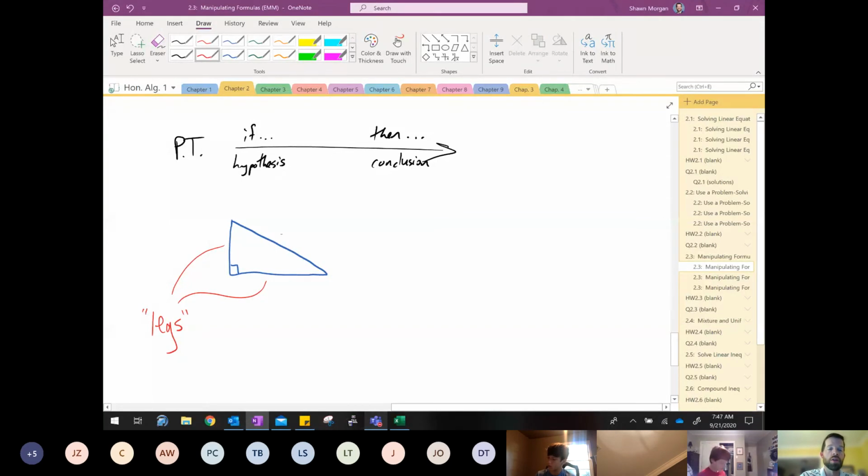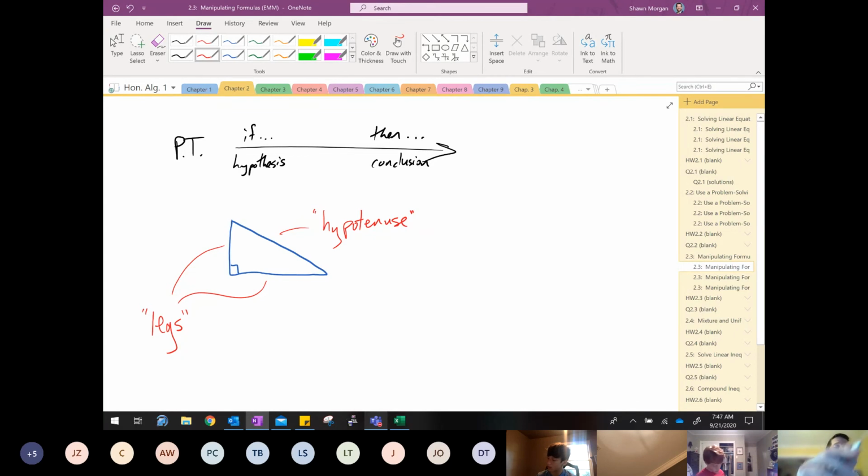And the side that's across from the 90-degree angle, we call the hypotenuse. That's the biggest side of a right triangle. And you guys might have heard those words before.